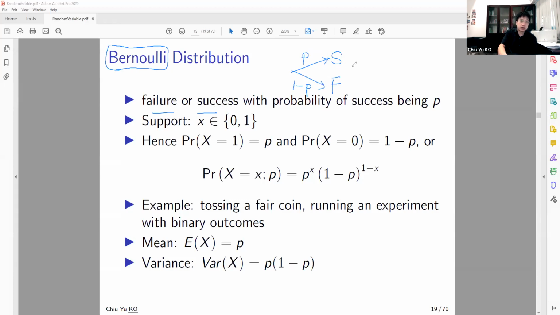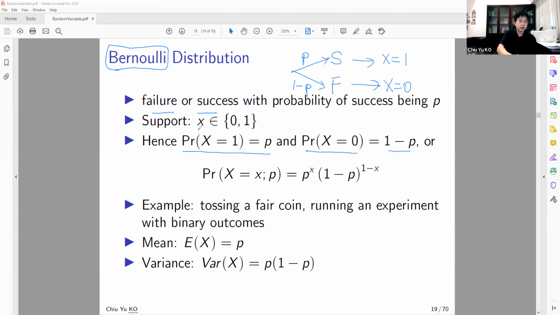We call success x equal to 1 and failure x equal to 0. Is that clear for this one? That means the probability that x equals 0 is 1 minus p, and the probability that x equals 1 is p.